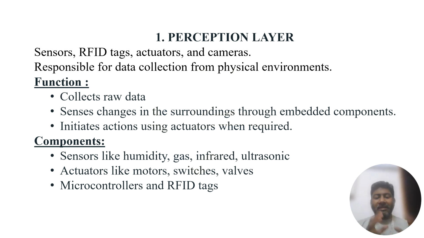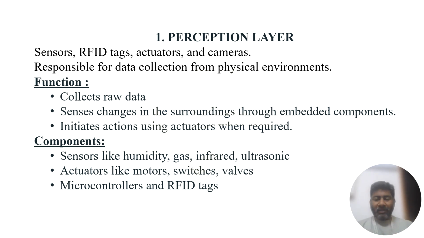It is a physical layer where all the physical data is collected from the environment. By using sensors, RFID tags, actuators or cameras, you will collect all the physical data. Now what happens to the physical data? When all the raw data are collected, it detects a change in your physical environment.